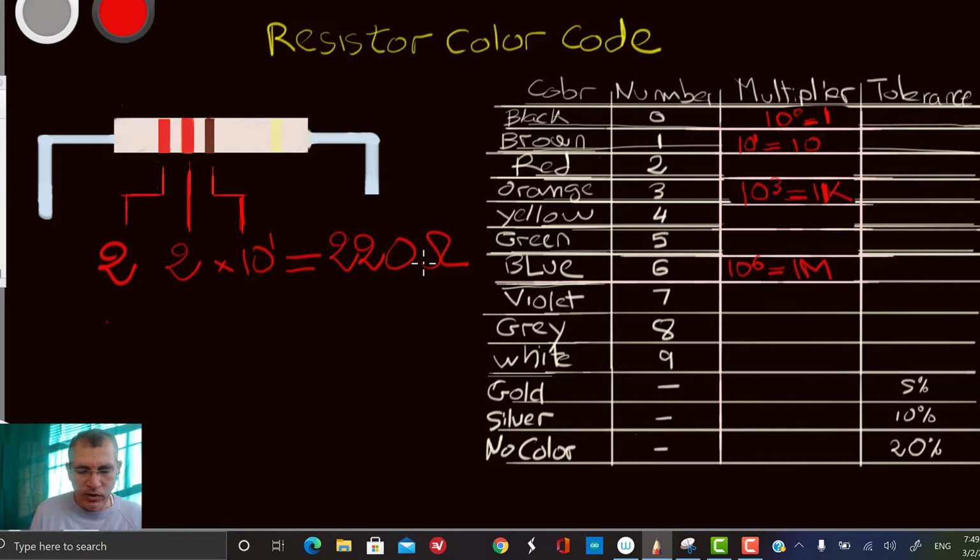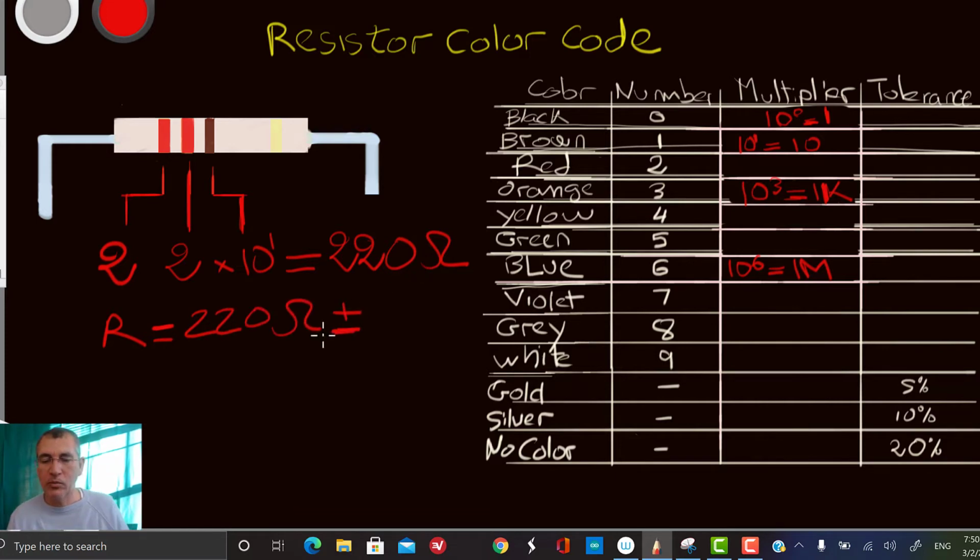This is how we calculate our resistor. So really the resistor that we have here is R equal to 220 ohms plus or minus some tolerance, and that's what the fourth band gives us. For example, gold is plus or minus 5%. If we had silver, it would be plus or minus 20%.